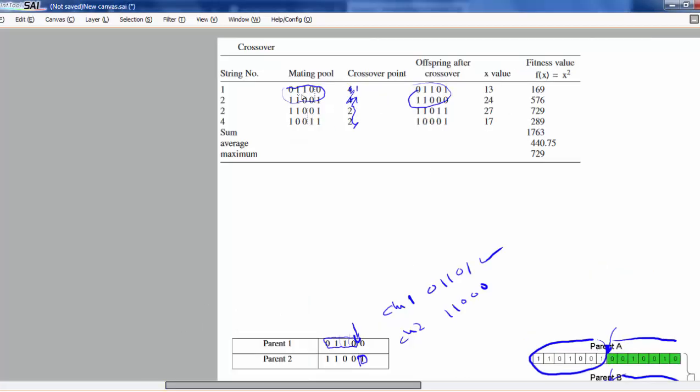We get new children or offsprings, and we decode each of these binary strings into a decimal value and compute the fitness for each of these. As you can see here, these two numbers have good fitness. This one has a good fitness, and this has a good fitness.